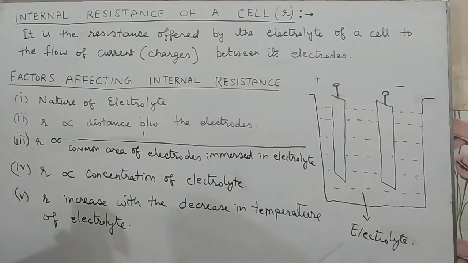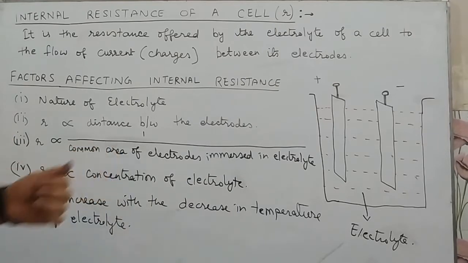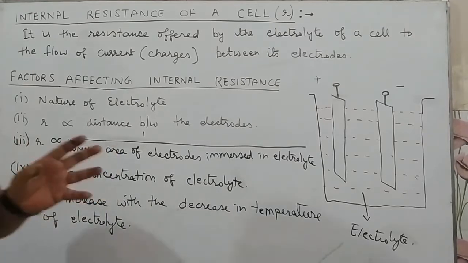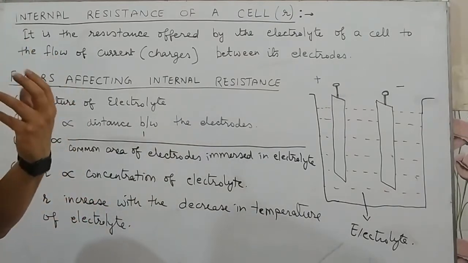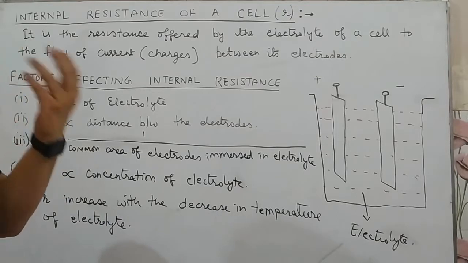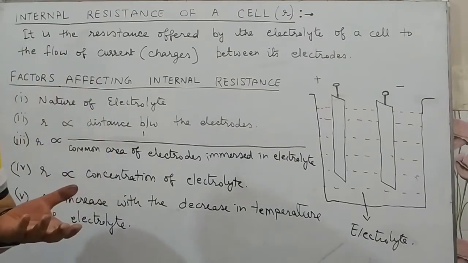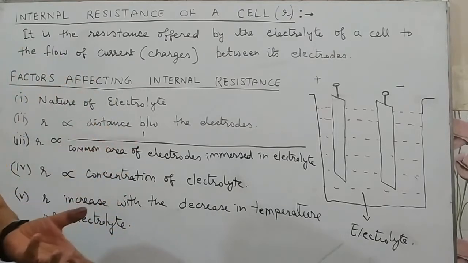Fourth point, small r, internal resistance, is directly proportional to the concentration of the electrolyte. Now what happens? Look, lesser the concentration means you are making it more dilute, by adding more water. More water means less concentration.